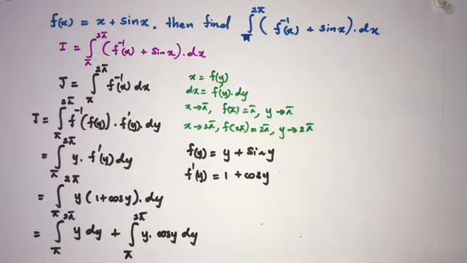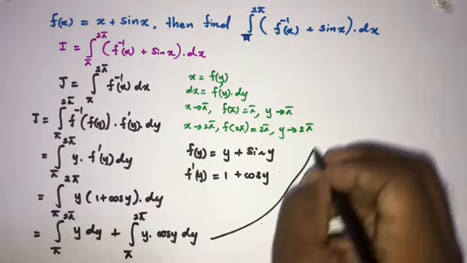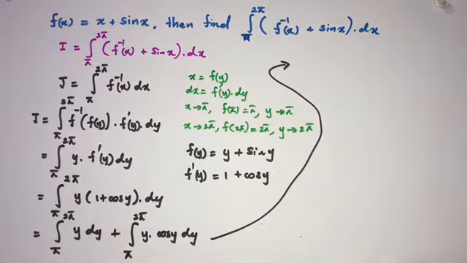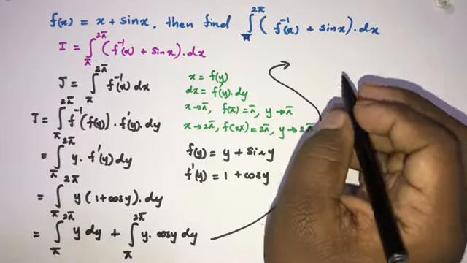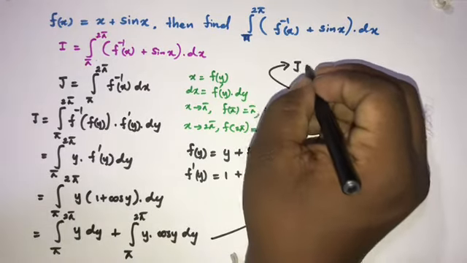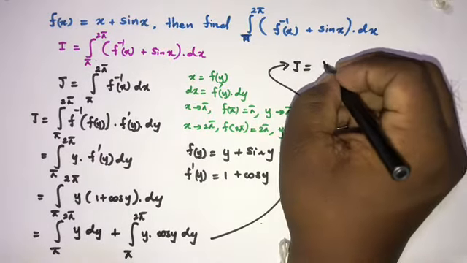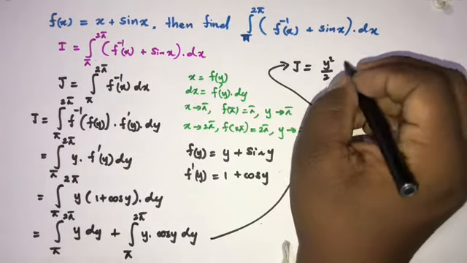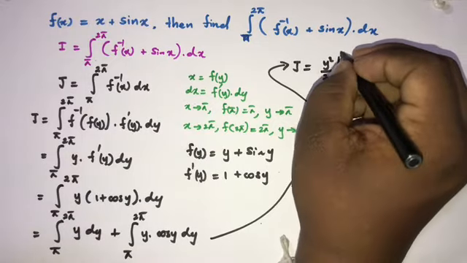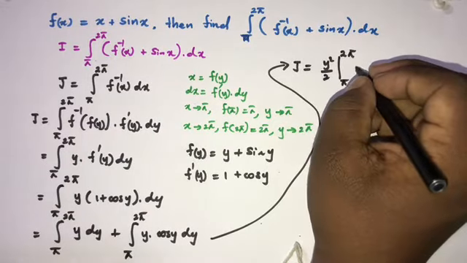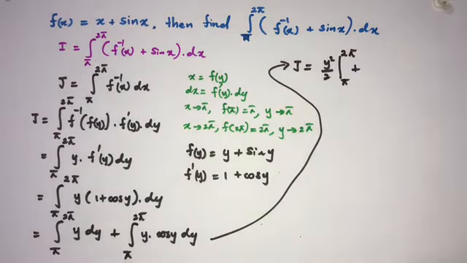So J is equal to y square over 2 from pi to 2 pi, plus the integral from pi to 2 pi of y cos y.